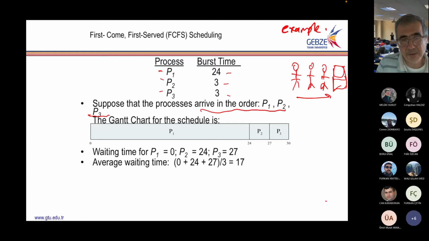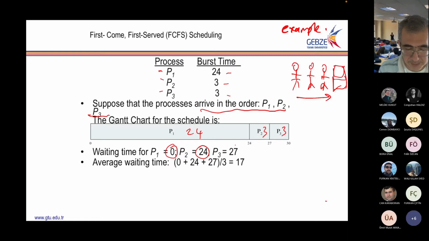So if we say first come first serve, sorry, yani sıranı bekle kind of approach. P1 is going to take 24. P2 is going to take 3. P3 is going to take 3 milliseconds. So total waiting time, each waiting time, how much waiting time for P1? 0. How much waiting time for P2? 24.